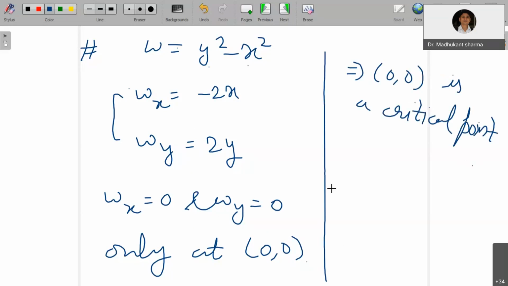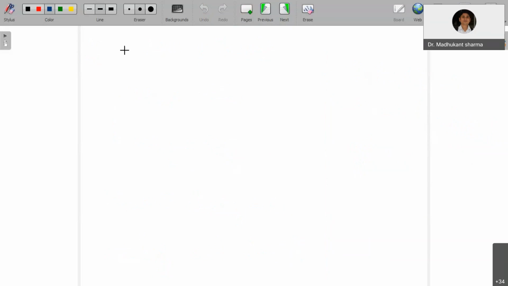Now you take a centered disk at 0, 0. What does it include? It includes the points along the x-axis and also the points along the y-axis. So what is the nature of the function along the x-axis and along the y-axis?